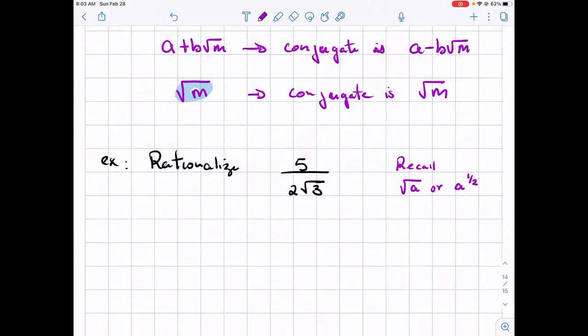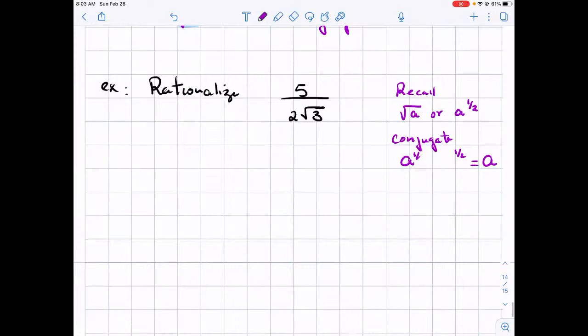By multiplying by the square root conjugate, a to the 1/2 times a to the 1/2 becomes a, because remember that when we multiply, we add the powers.